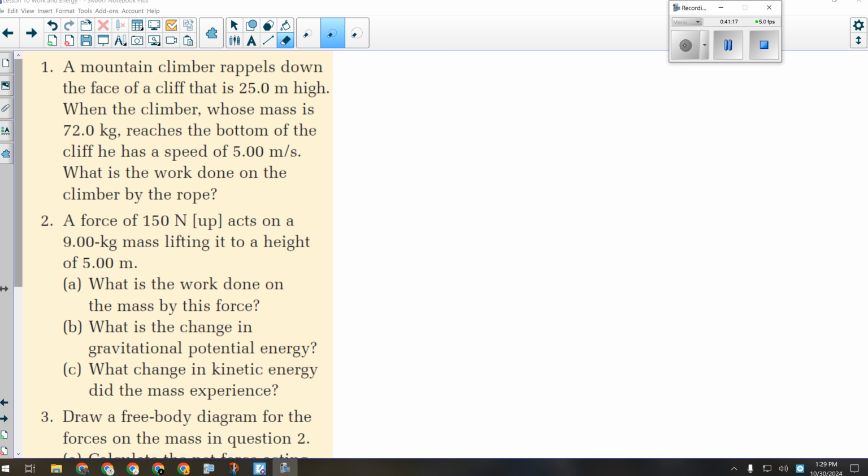Okay, so for number 2, our givens are the force. We know that a force is acting upwards with 150 newtons. We also know the distance: it's 5.0 meters up. That would also be our change in height, or our final height, because we would assume it happened from the ground.